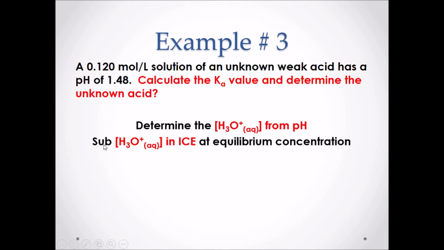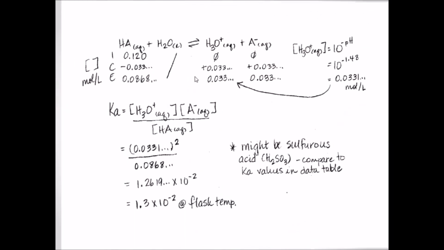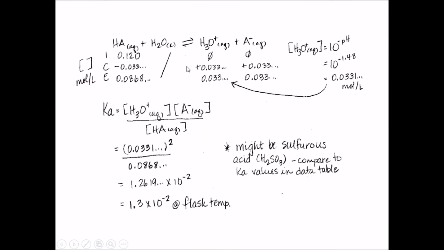So we can sub that value into H3O plus in our ice table at equilibrium, complete our ice table, and eventually solve for Ka. So let's start at the top. First up, we need to find the concentration of H3O plus, which is equal to 10 to the negative pH.